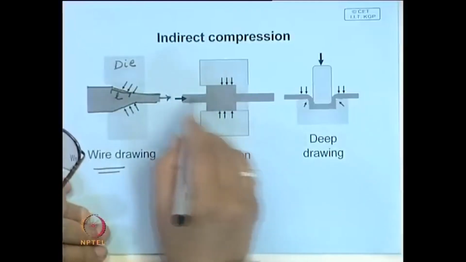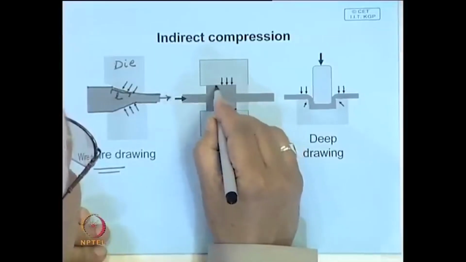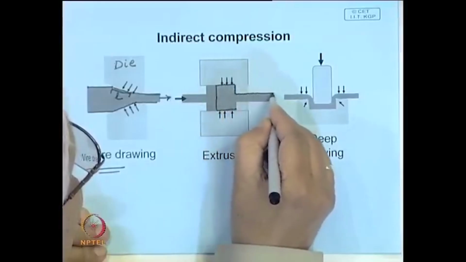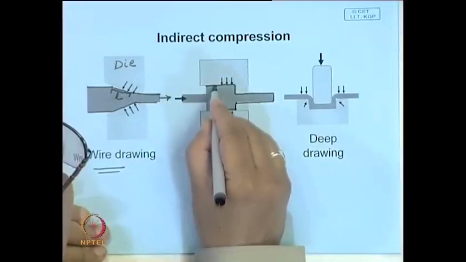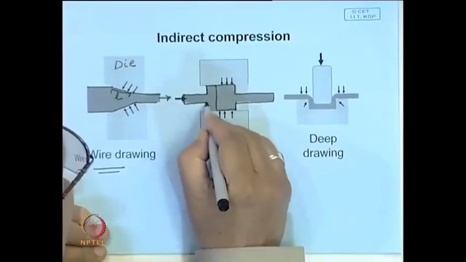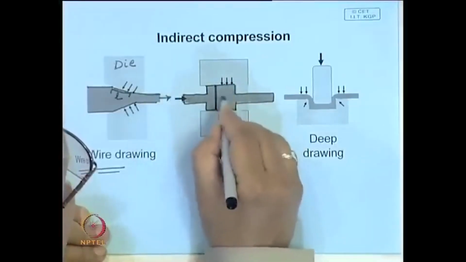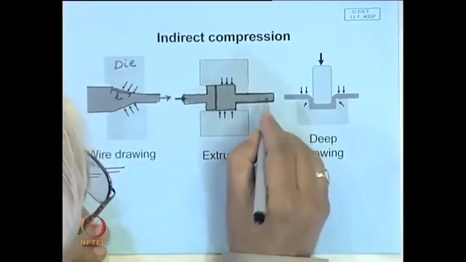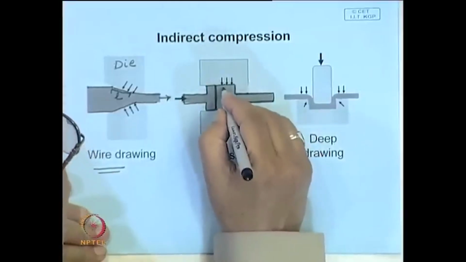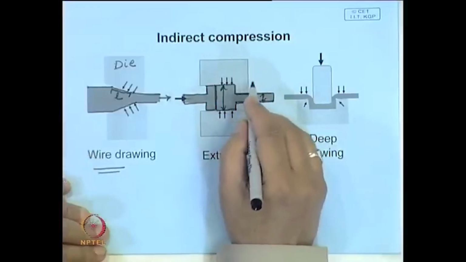Similarly, in case of extrusion, you are applying compression here. This is the job, and this part is the mandrel through which you are pushing the job, and then there is a hole here through which the product comes out. So you have a deformation here, with one dimension here and another dimension there.